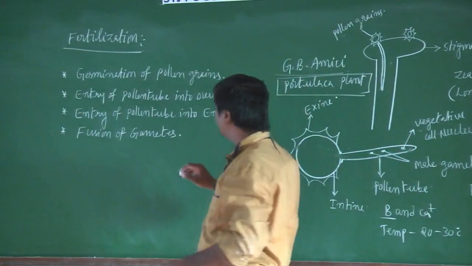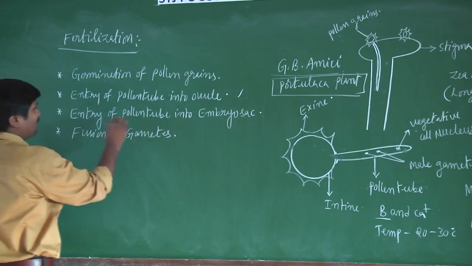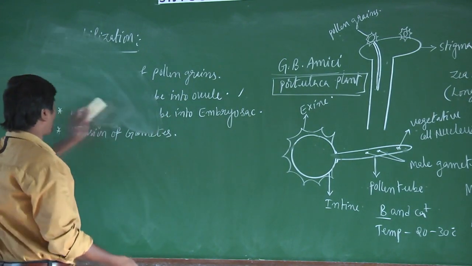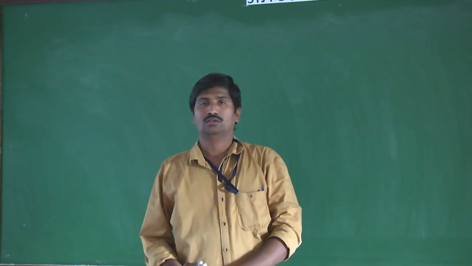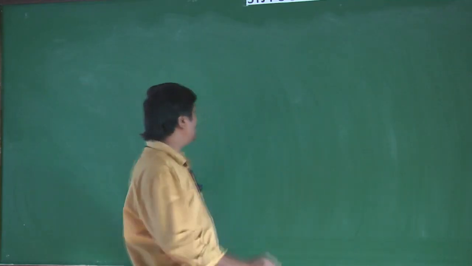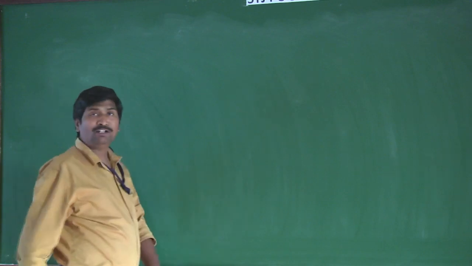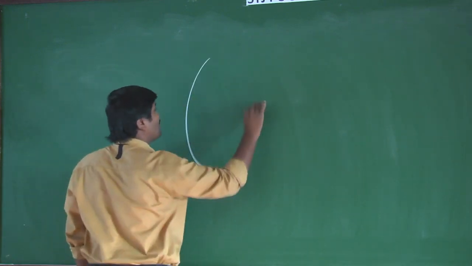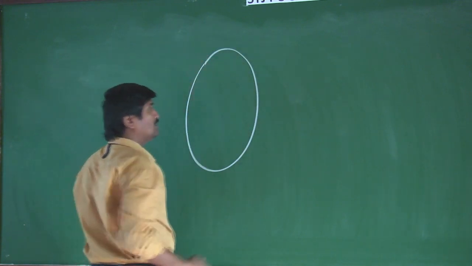Next, go for the third one, the entry of the pollen tube into the embryo sac. You already know the structure of the embryo sac.